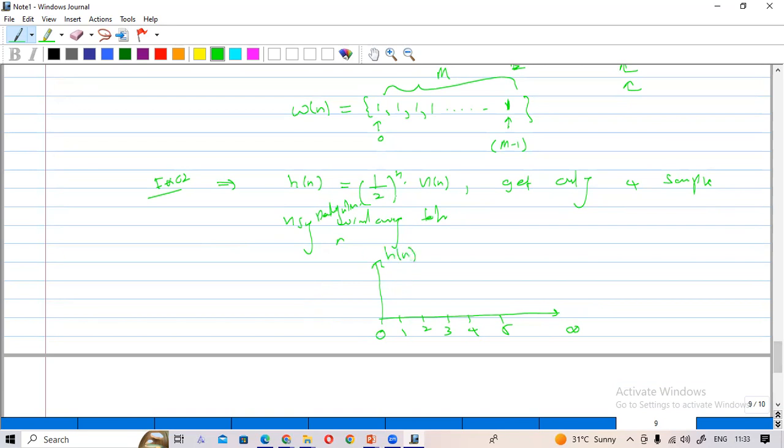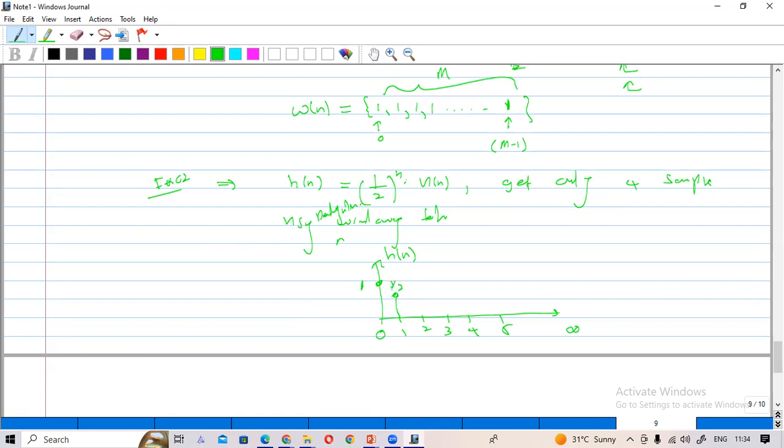If you write this out, for n equal to 0, it is half to the power 0, that is 1. For n equal to 1, it is half.